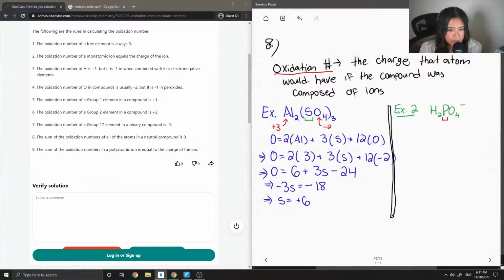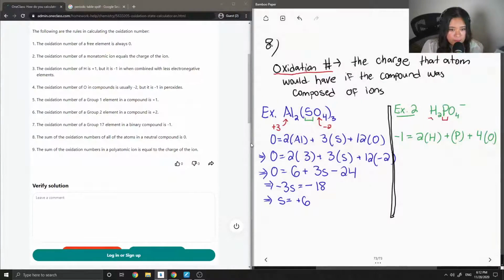So since this ion has an overall -1 charge, on the left side of the equation I'm going to do -1, because rule number 9 says that the sum of the oxidation numbers in a polyatomic ion is equal to the charge of the ion. So -1 is equal to 2 times the oxidation number of hydrogen, since there are 2 atoms of hydrogen, plus phosphorus, plus 4 times the oxidation number of oxygen.